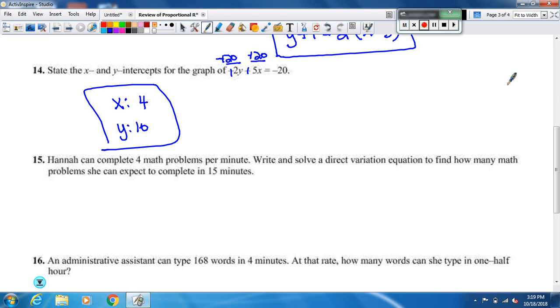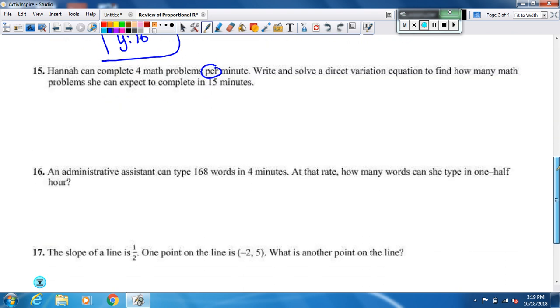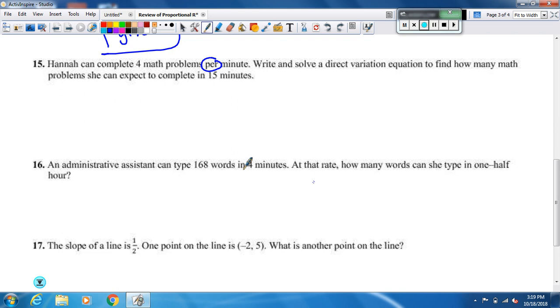Number 15. Hannah can complete 4 problems per minute. Write and solve a direct variation equation to find out how many math problems she can be expected to complete in 15 minutes. Okay. So direct variation is y equals kx. So if she can do 4 math problems per minute, the word per, whatever's after that, that represents your x value.